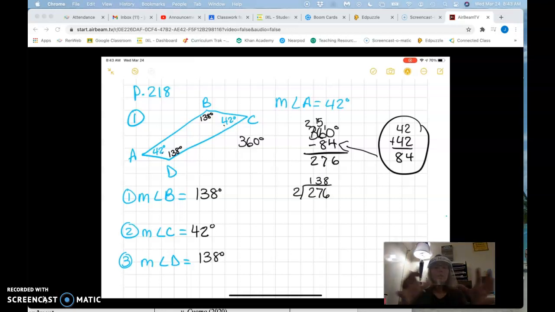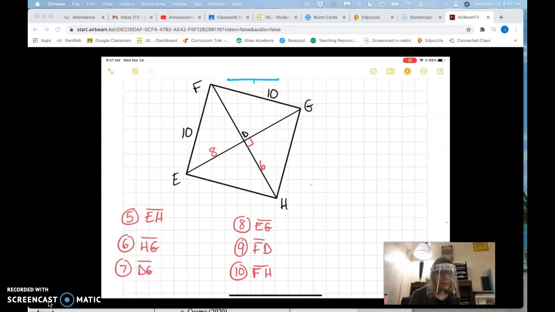So whenever I do these types of problems, I always work it out in the actual figure first, and then worry about answering the questions after. Once you find all that information, the questions are the easy part. For numbers 5 through 10, it gives us this rhombus, and it tells us to find the length of each segment.